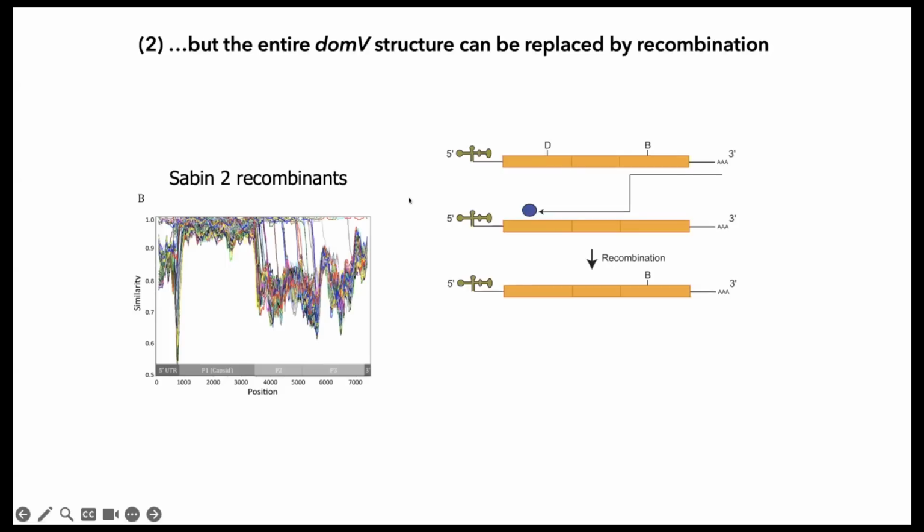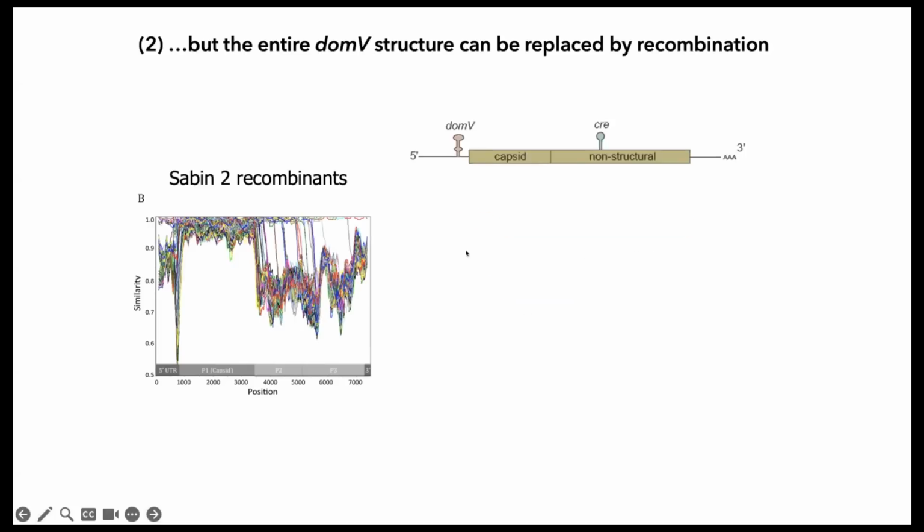And as you know, recombination by copy choice can replace large fragments of the genome, eliminating some structures. So it was easy to imagine that this structure could actually be replaced. The more stable structure could be replaced by structures obtained from co-circulating viruses.